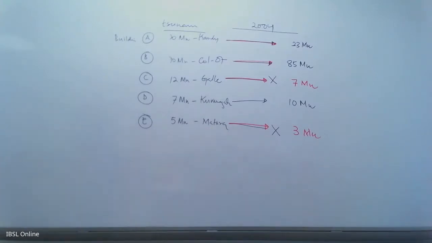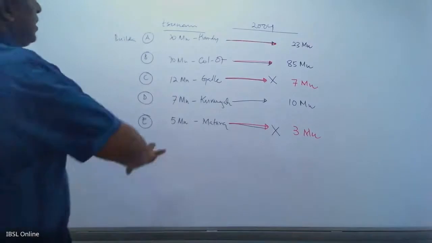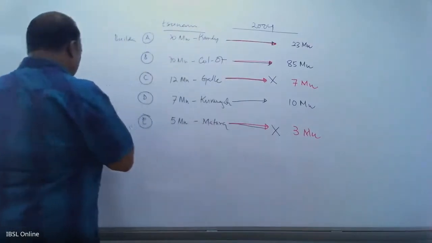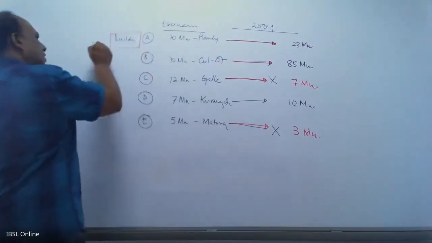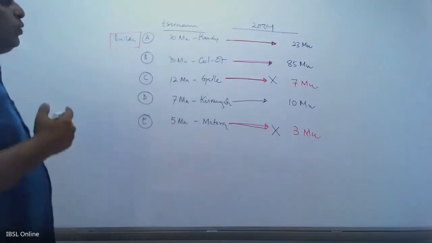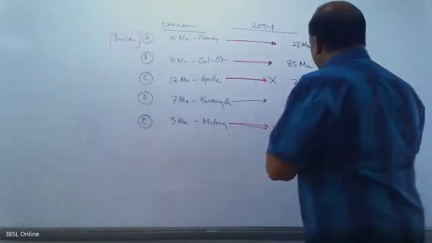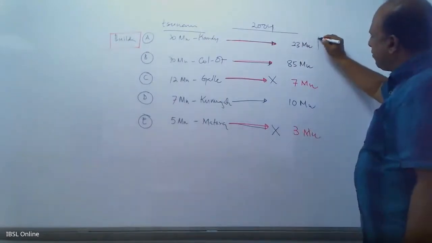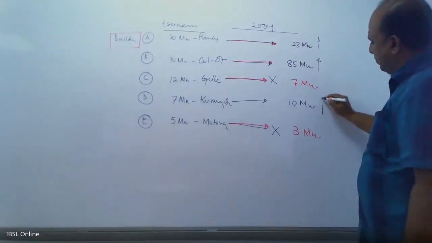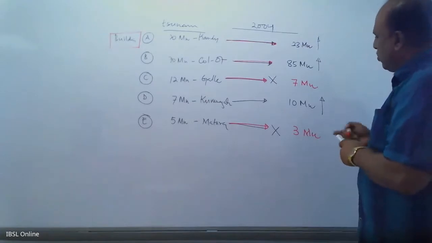Most importantly, when an item of property, plant and equipment is revalued, the whole class of assets to which it belongs should be revalued. Now this is the class of asset, that is building. Now when you do the revaluation, you observe the value of these three buildings has gone up and these two have come down.